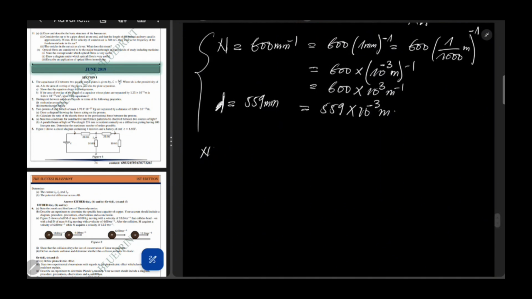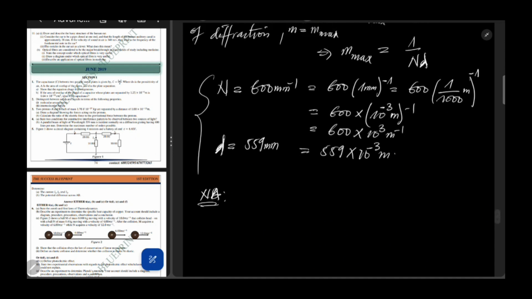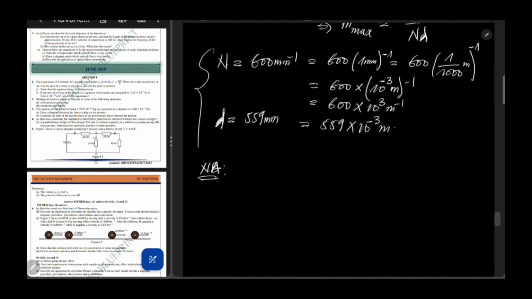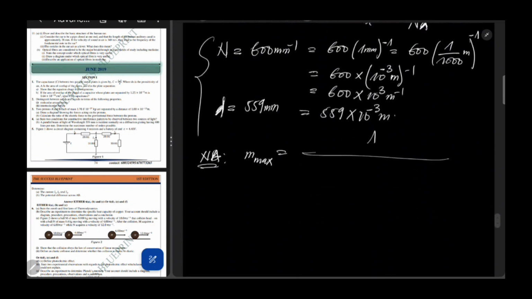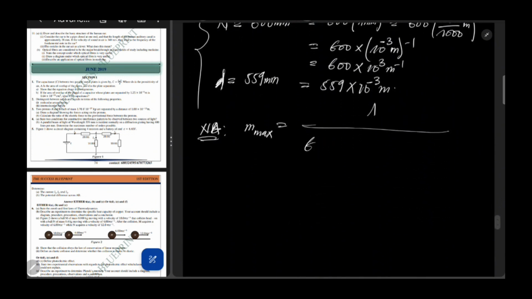Now, numerical applications. The maximum order of diffraction, m max, will be equal to 1 divided by n lambda. So 1 divided by 600 times 10 to the power 3 per meter times lambda, which is 559 times 10 to the power negative 3 meters.